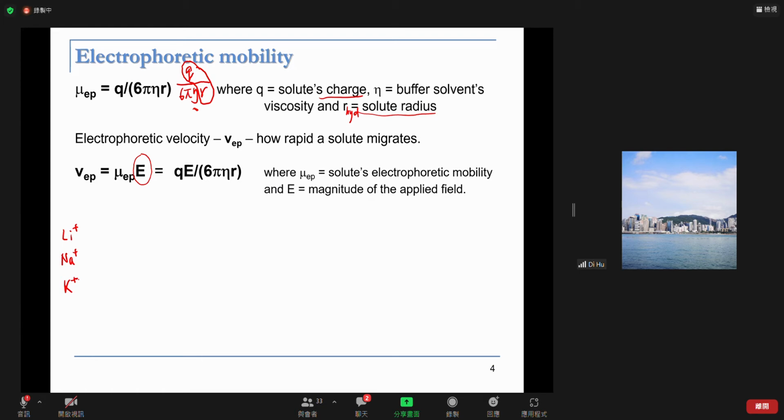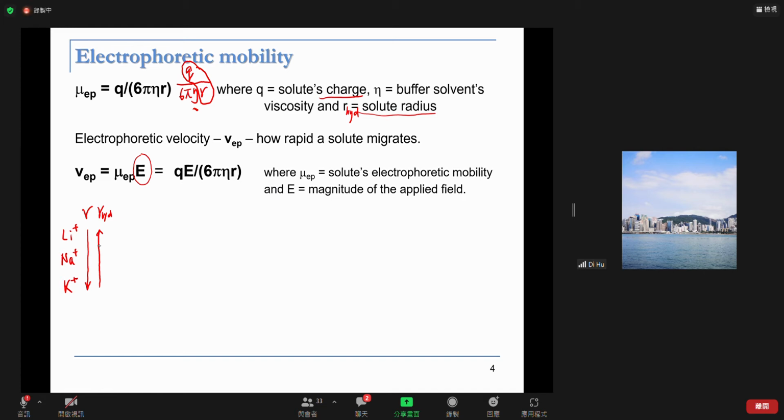How about the radius? The radius for the bare ion we know is increasing from lithium to potassium. The lithium ion has a higher charge density and attracts more water molecules around it, so if we look at the hydrated radius, it goes the other way. Remember we talked about that in IC.